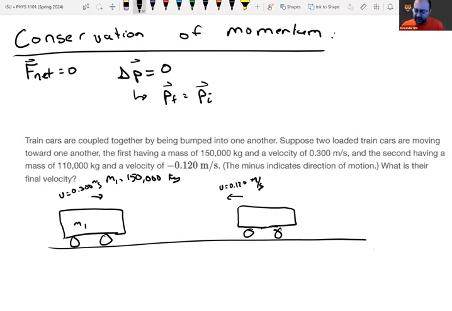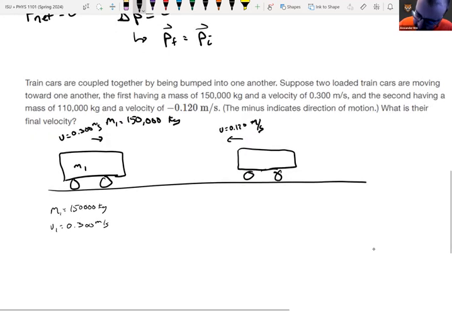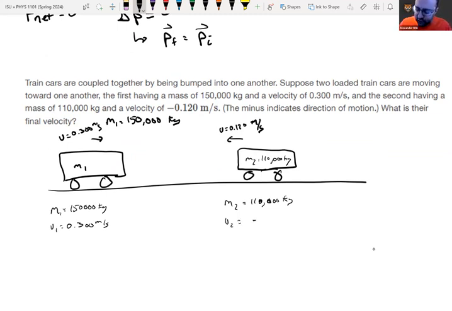So when we set this up, I would say M1 equals 150,000 kilograms, V1 equals 0.300 meters per second, and M2 equals 110,000 kg. And then for V2, we have to make sure we include the negative: negative 0.120 meters per second.